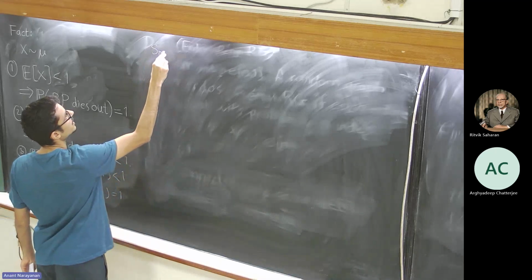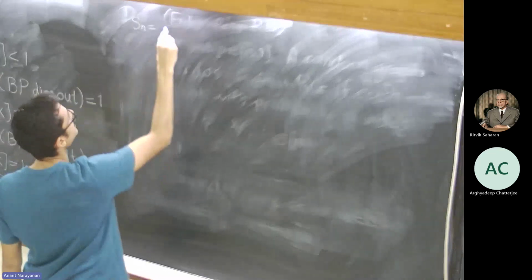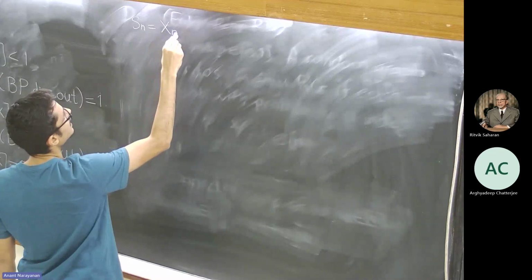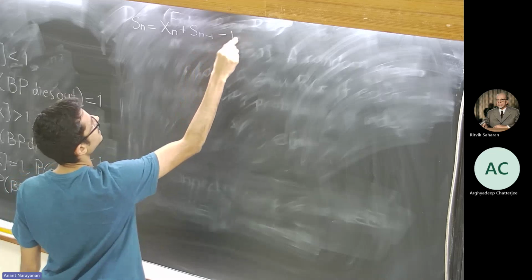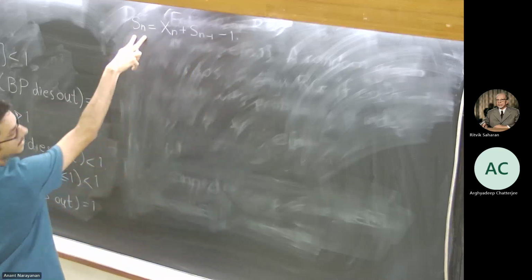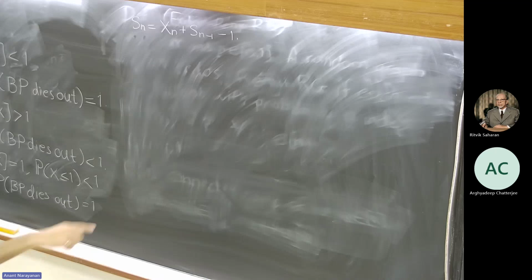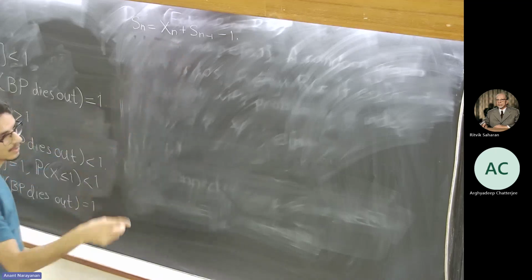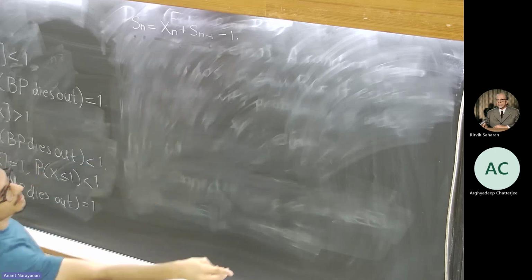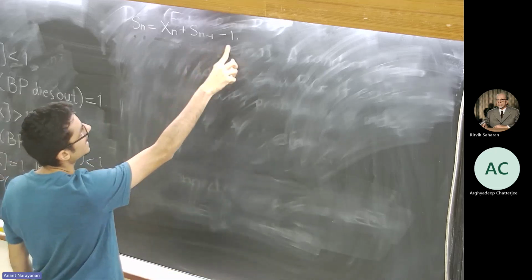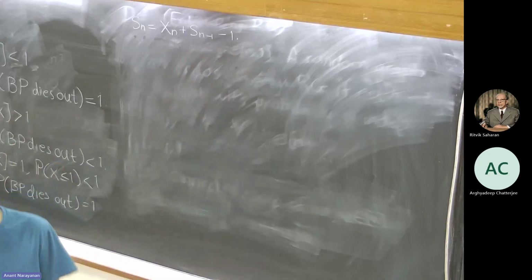So what this exploration process looks like is X_n plus S_{n-1} minus 1. The state of the process is obtained by adding the number of children of the current vertex to the previous state of the process and subtracting 1, since I am exploring that vertex itself.